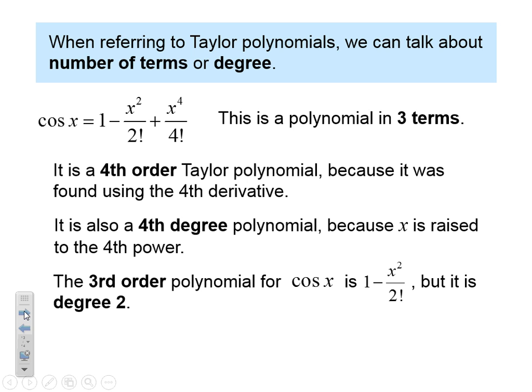So if I were to talk about the 3rd order polynomial for cosine of x, it's only a 2nd degree function. And that's happening because the 3rd derivative is 0. So just because it's a 3rd order doesn't mean it's a 3rd degree function.